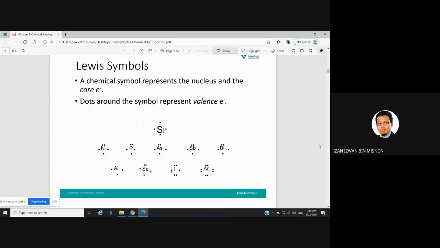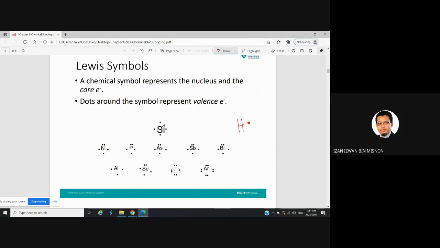It can be represented using Lewis symbols, where the chemical symbol represents the nucleus and the core electrons. The dots around the symbol represent the valence electrons. Let's take an example of hydrogen. The Lewis symbol represents hydrogen with 1 electron, since hydrogen has only 1 electron at the valence shell.